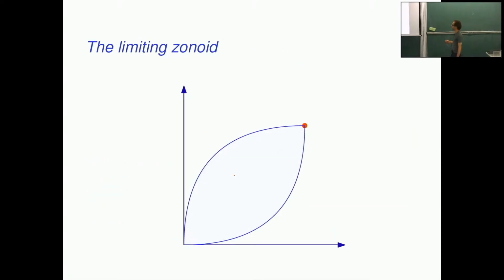So let me discuss in particular, for the square, the limit shape is: you basically take a parabolic arc and connect each of the midpoints of the square like this.